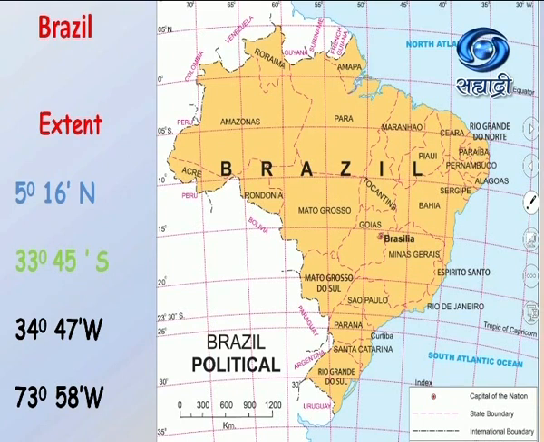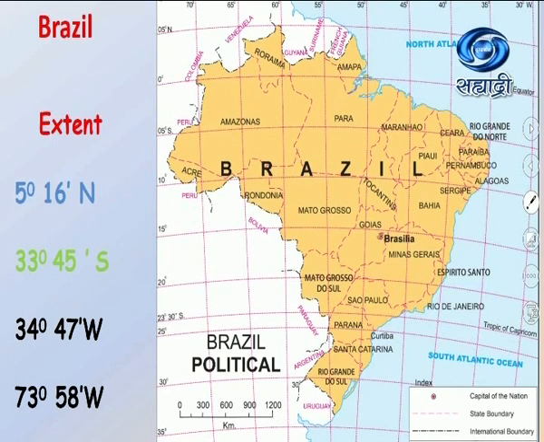So, the extent of Brazil lies between 5 degrees 16 minutes north and 33 degrees 45 minutes south. Here we find the Tropic of Capricorn passing in the southern portion of Brazil, whereas the equator is seen in the northern portion of Brazil.